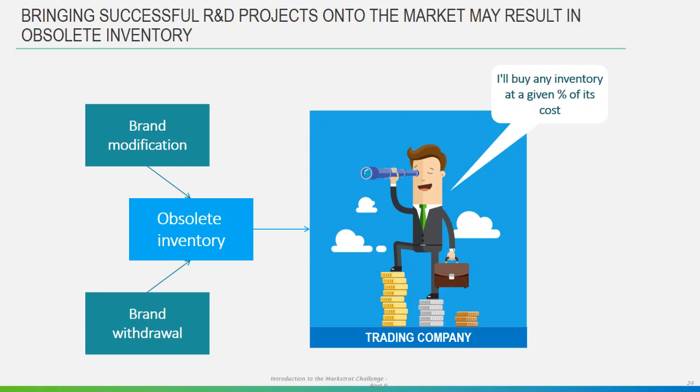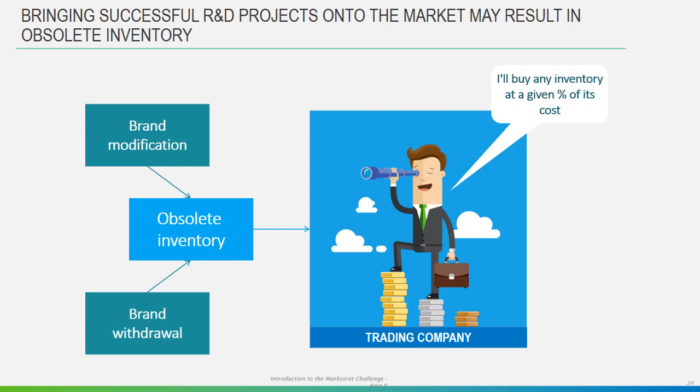Be careful though, if you create a project for the purpose of modifying a brand, once you modify that brand, all the excess inventory that's left over gets dumped, basically.